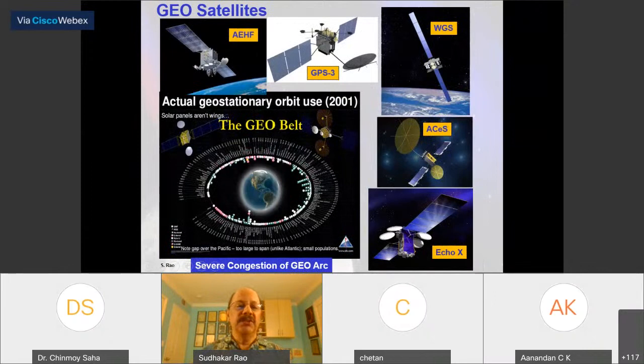Next chart shows the geosynchronous orbit, I think in 2001. There are about 1,700 satellites in the geosynchronous orbit. The orbital arc has about 2 degree spacing, because ground antennas can separate two satellites which are 2 degrees apart.